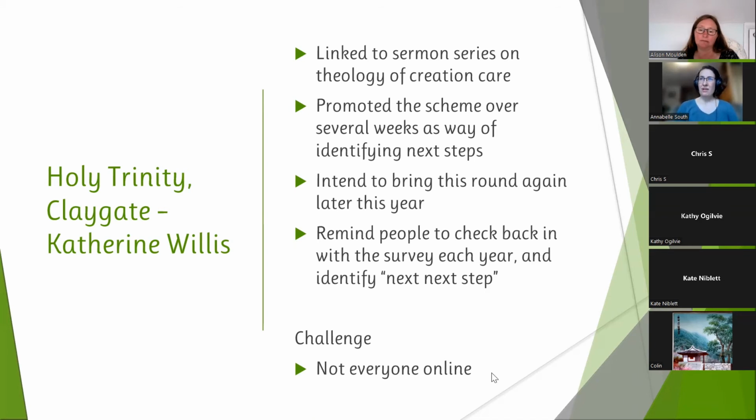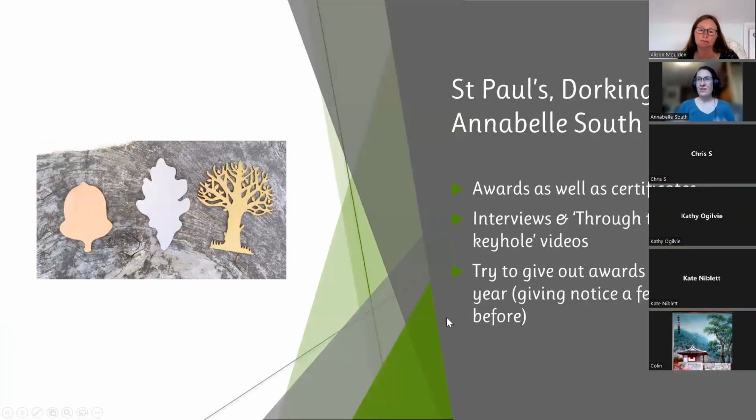I'll just share a few things that we've done at St Paul's as well, which I think have helped with engaging people with the scheme. One thing we've done is we've made little awards as well as the certificates.